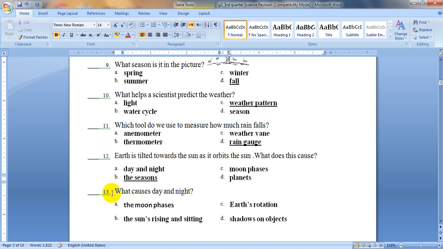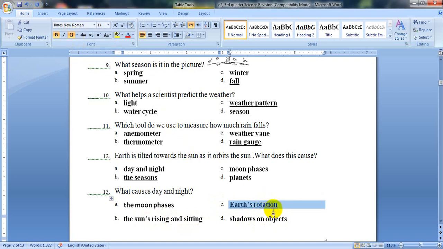Now, question number 13. What causes day and night? Is it the moon phases, the sun's rising and setting, Earth's rotation, shadows on objects? What causes day and night is Earth's rotation.